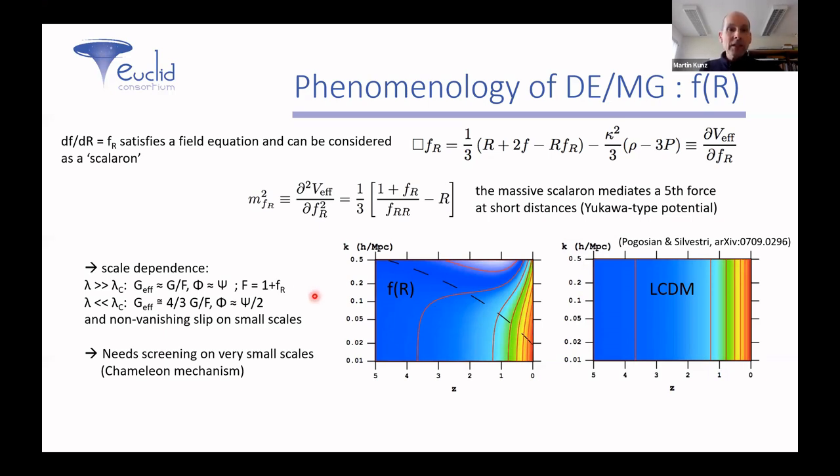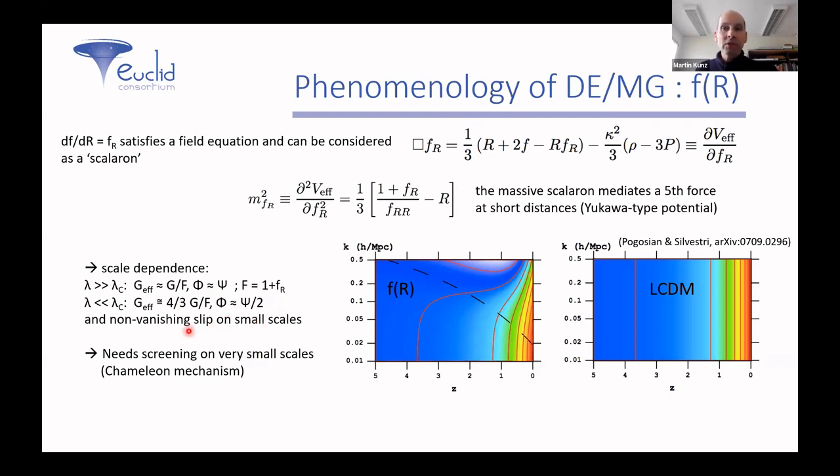And the second thing that you also see here is that while on large scales the two potentials phi and psi are the same, on small scales they are not. And so now you have a difference between the two potentials, and this is typically a fingerprint for modified gravity models. And then in addition, on very small scales, you need to hide all of this because this is totally ruled out by observations in the solar system.